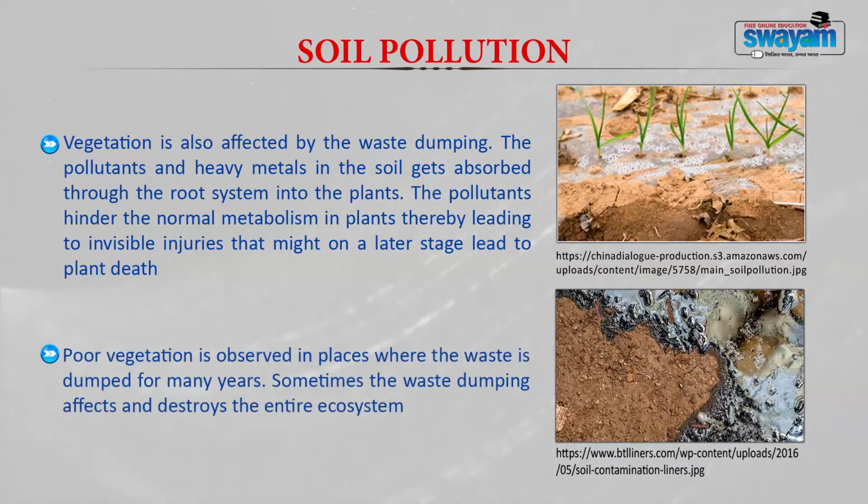So if you visit a dump site or an open area where waste is being dumped, you can see very scarce vegetation, because it kills your vegetation, and vegetation normally does not survive in those areas. So waste dumping destroys the entire ecosystem.